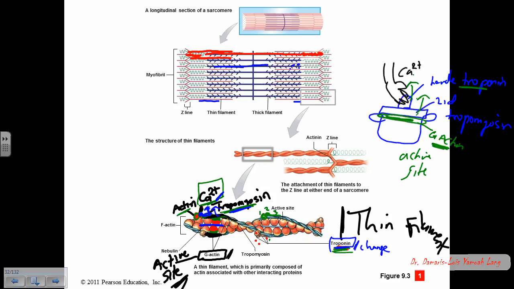Why? So that you see the cross, this is what? The overlap over here. The overlap over here is what? Cross bridges. Are you with me? Cross bridges is the attachment of what? The myosin head onto the what? Thin filament. All right?